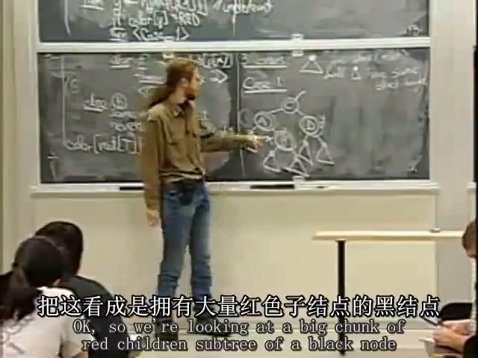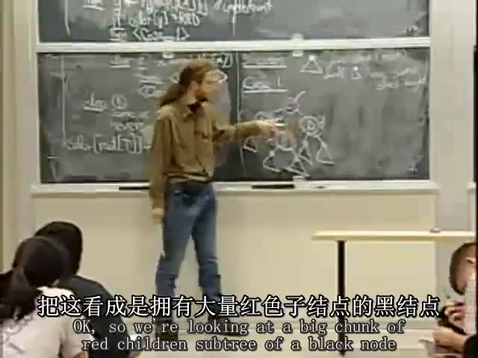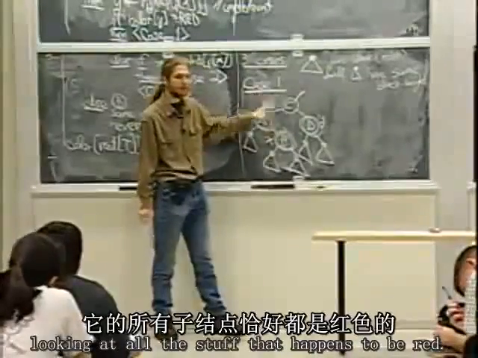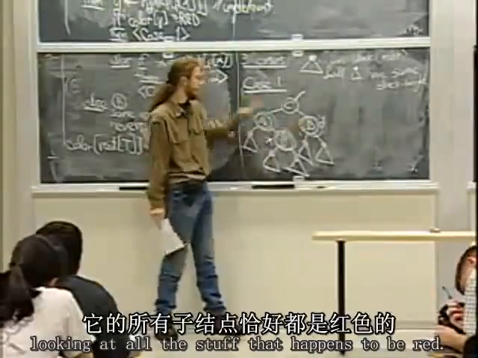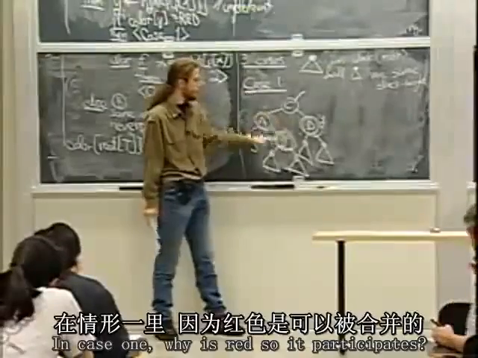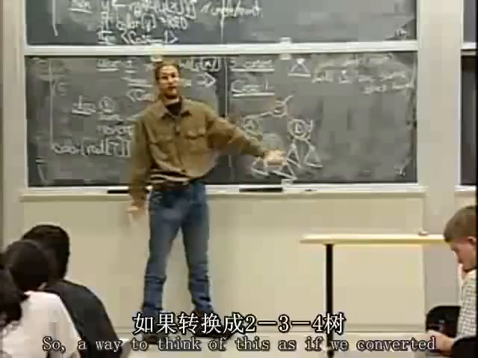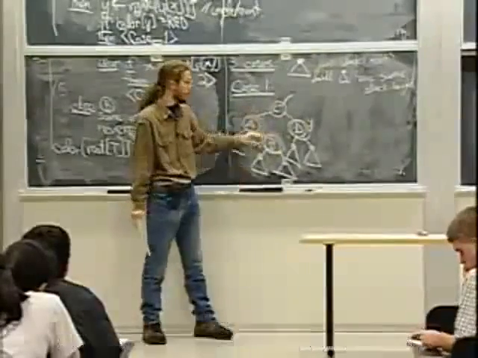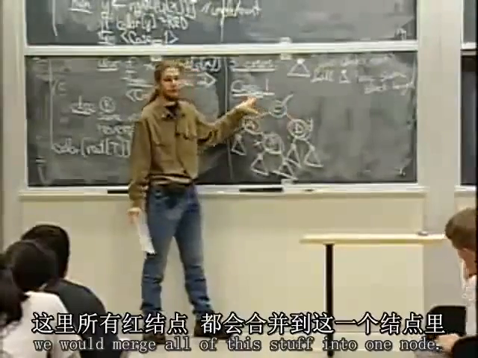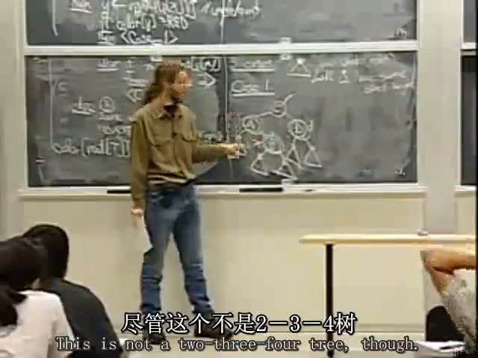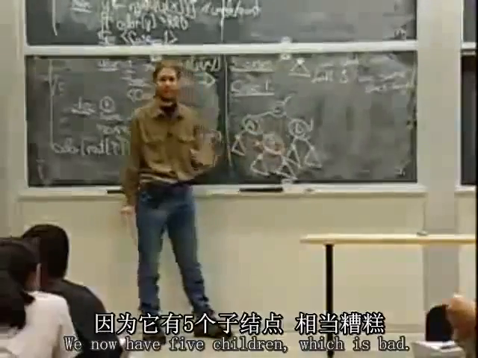So we're looking at a big chunk of red children subtree of a black node. We're looking at all the stuff that happens to be red. In case 1, Y is red, so it participates. Another way to think of this is if we converted into the 2, 3, 4 tree, or tried to, we would merge all of this stuff into one node. That's essentially what we're doing here. This is not a 2, 3, 4 tree, though. We now have 5 children, which is bad. That's why we want to fix it.